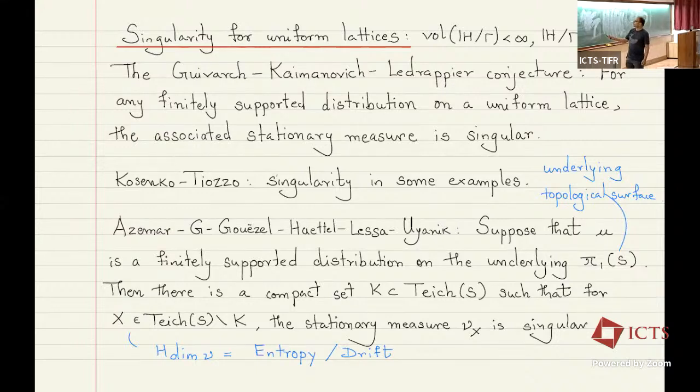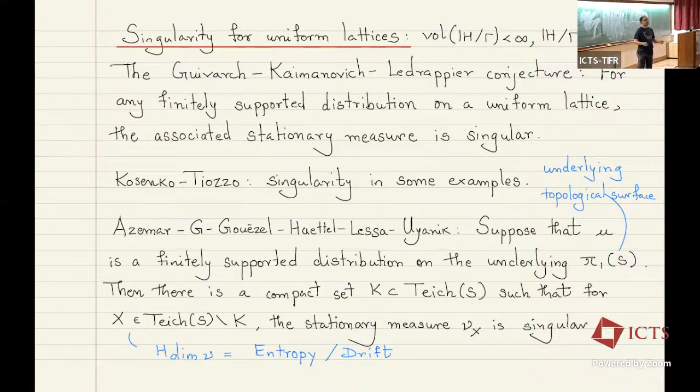So what we showed is that if I fix an initial distribution on this abstract group, and then take all of the different points in Teichmuller space that allow me to project my random walks into the hyperbolic plane, a point in Teichmuller space basically gives an action of this group on the hyperbolic plane by a co-compact lattice. So for every point in Teichmuller space, I will have a corresponding stationary measure. And what we proved is that outside a compact set in Teichmuller space, we do have singularity of the stationary measure.